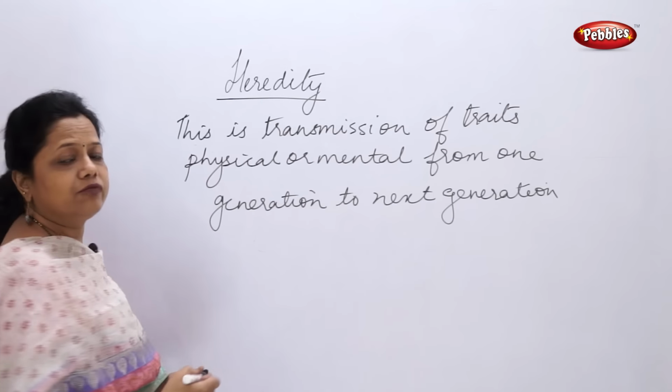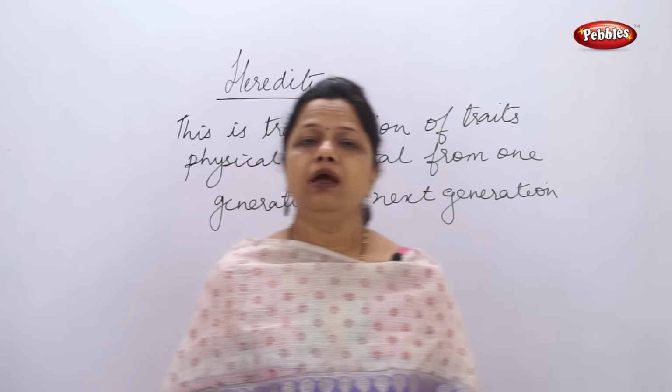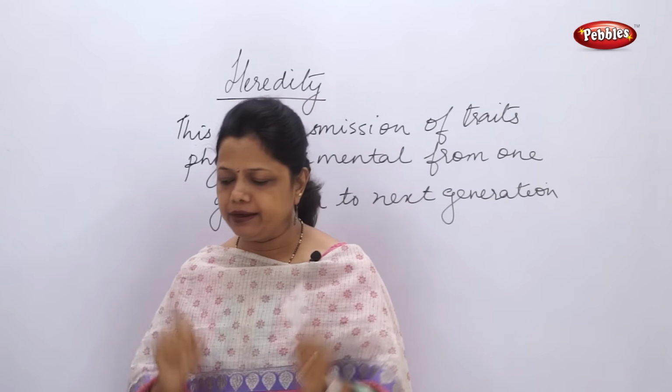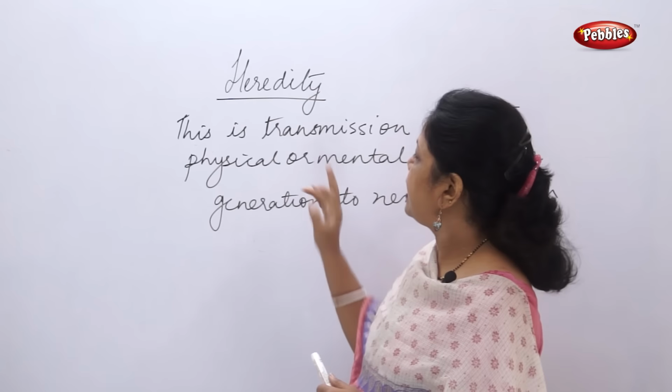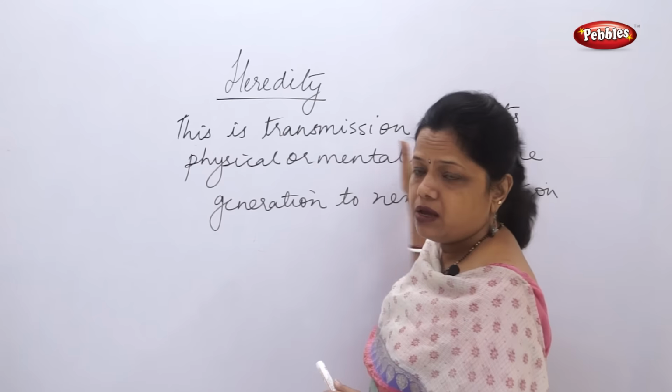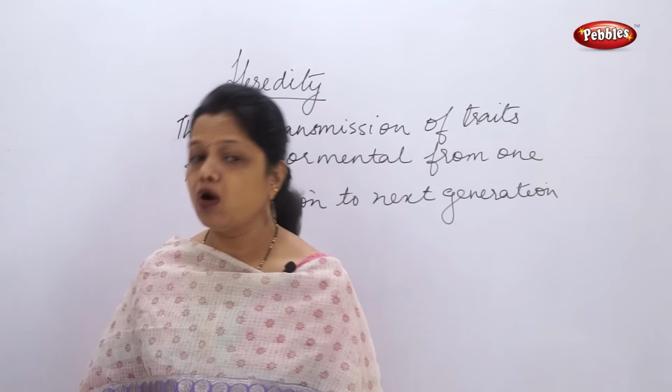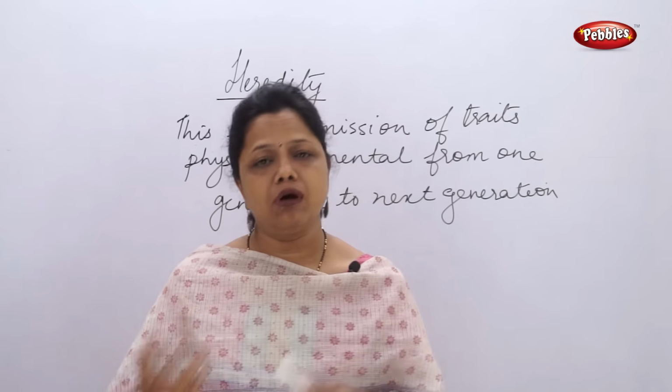Here, I am writing the definition on the board because this question comes many times. Define heredity. Heredity is defined as the transmission of traits, physical or mental, from one generation to another generation, or you can say from parents to offspring.